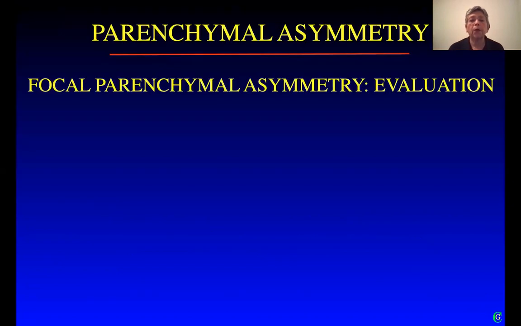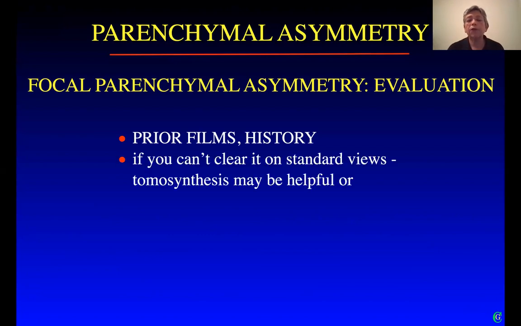With focal parenchymal asymmetry, in terms of the evaluation, you want prior films, you want to have a history, to make sure that this isn't related to surgery, for example, or a function of a mastitis or an inflammatory process. If you can't clear it on the standard views or with the history, and you haven't done tomosynthesis, you might start by doing tomosynthesis or not.